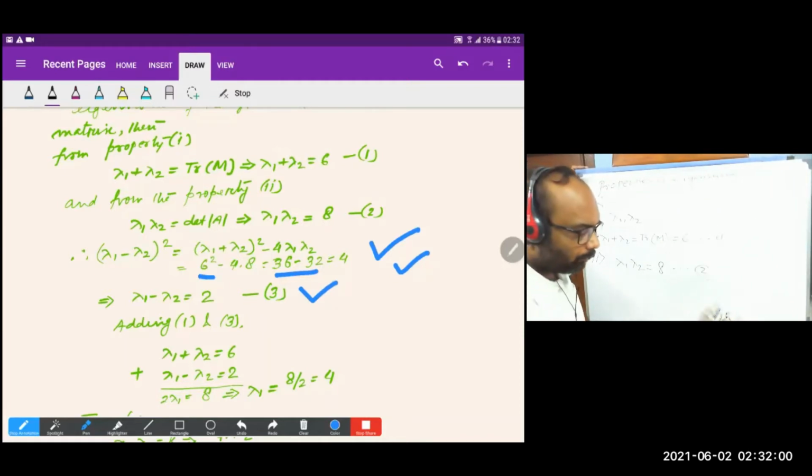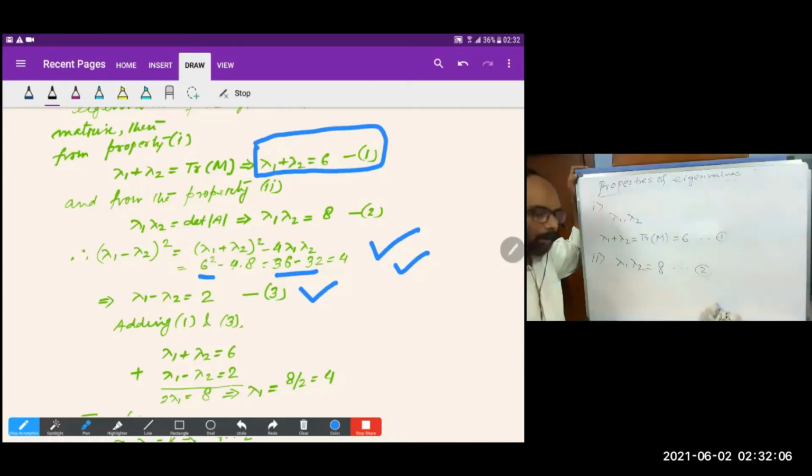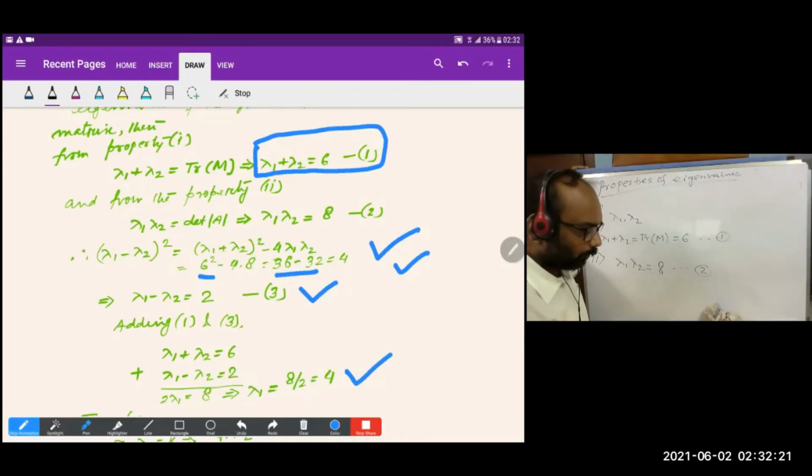So we have lambda 1 plus lambda 2 is equal to 6 and lambda 1 minus lambda 2 equals 2. Adding 1 and 3, we get lambda 1 is equal to 4.